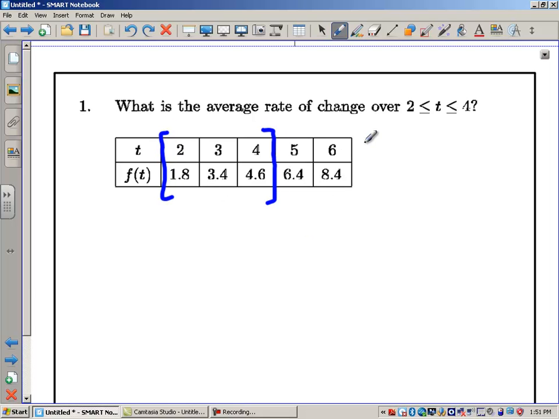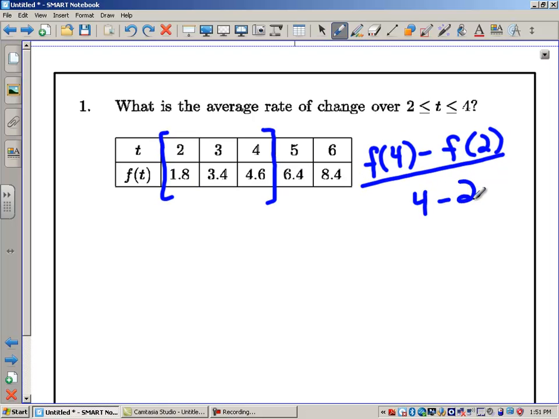So our average rate of change is going to be f of 4, that's the right-hand endpoint, minus f of 2, that's the left-hand endpoint, over 4 minus 2. So let's actually do that calculation. F of 4 is the y value at 4, and that y value is 4.6.